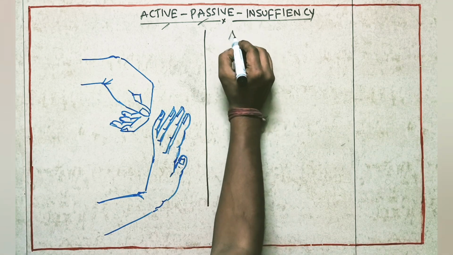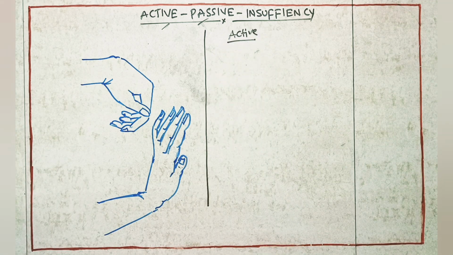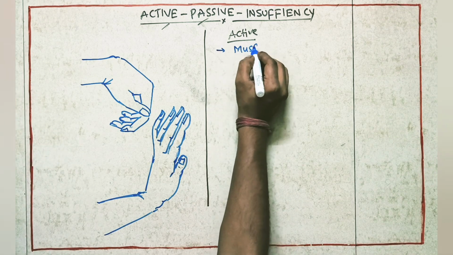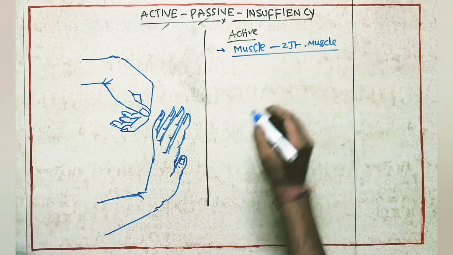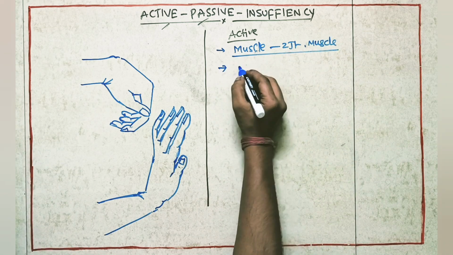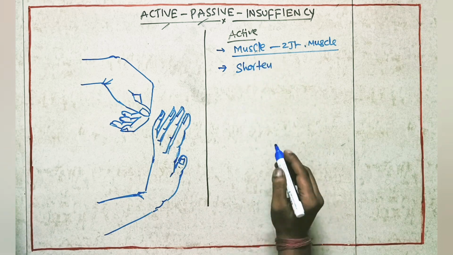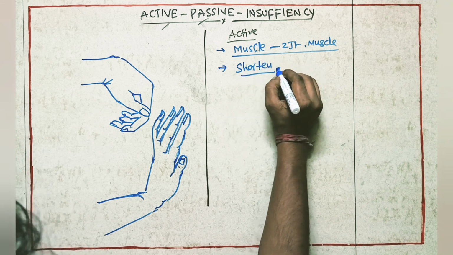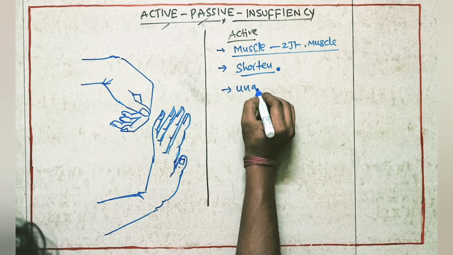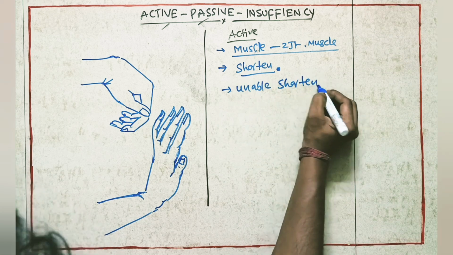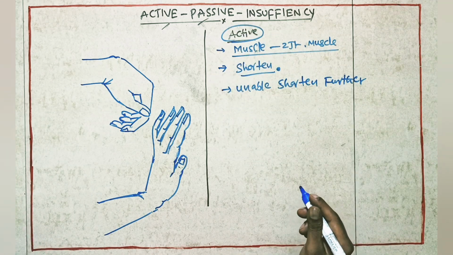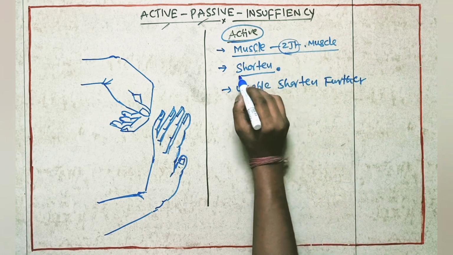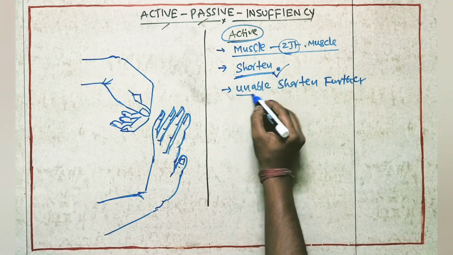First we'll see what active insufficiency is. Suppose there is a muscle which is a two-joint muscle. In active insufficiency, the muscle will shorten first, and after a point of time the muscle will be unable to shorten further. So this is active insufficiency.